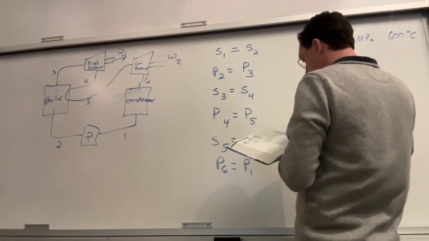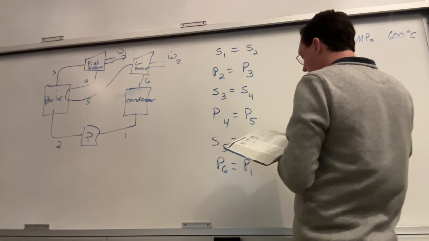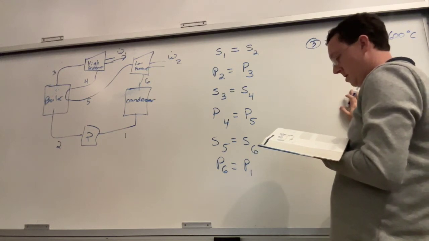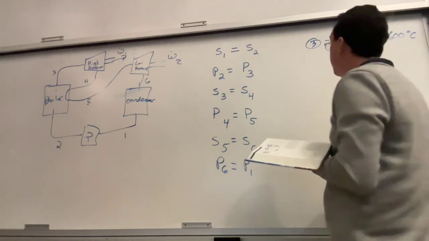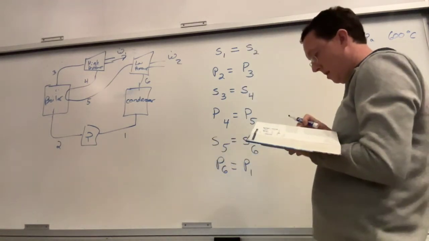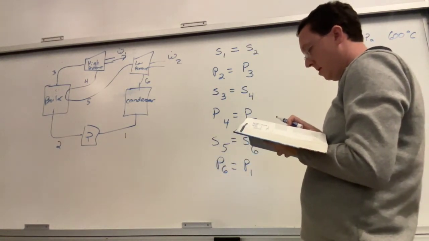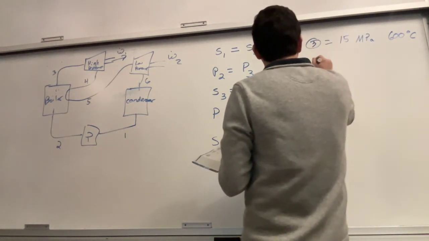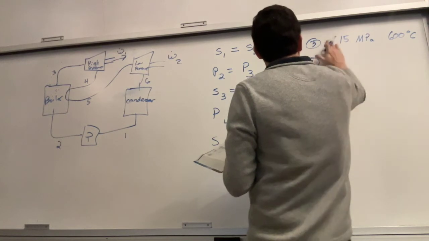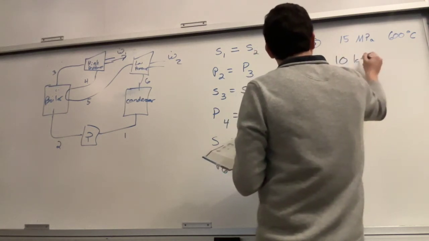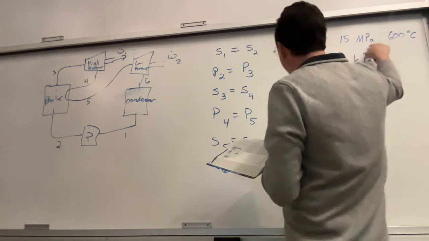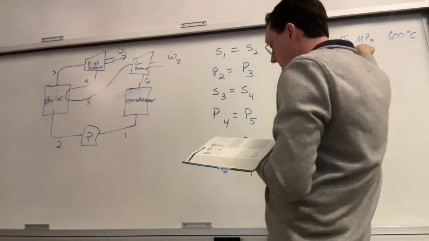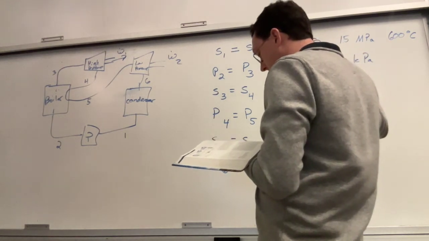Furthermore, it is condensed in the condenser at 10 kilopascal. So at the condenser, it's at 10 kilopascal. So that would be the pressure at state 1. So that's megapascal. Mega means what? Million. Kilos, thousand. So get that right.